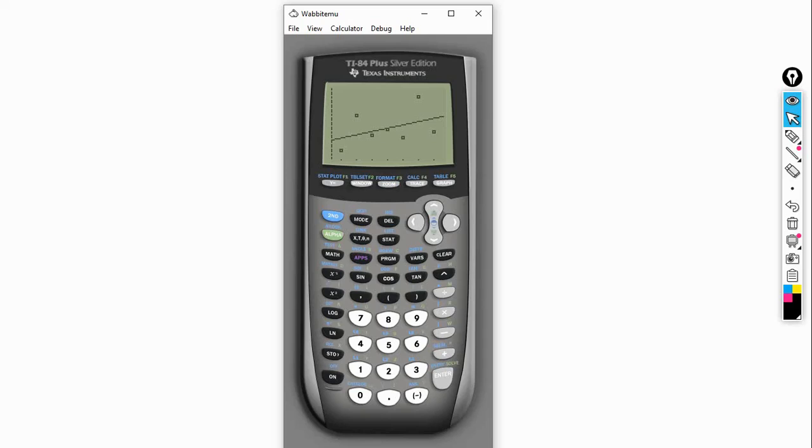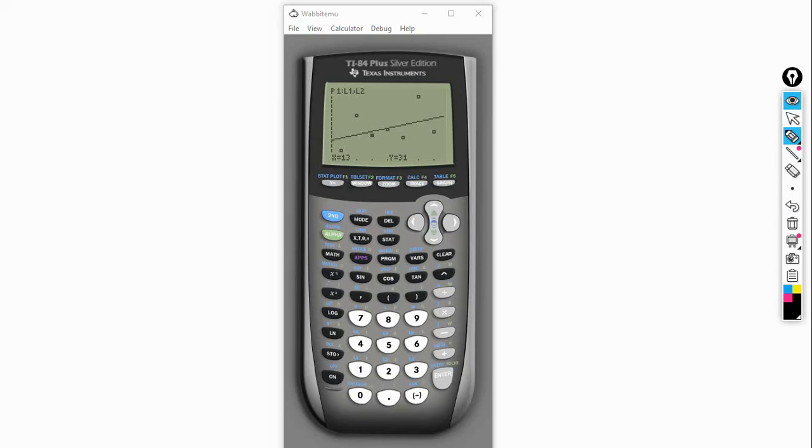Now, let's use trace and notice that the scatter plot represents the points from the table. So 11.21 and then 12.43, 13.31, and so forth. So next what we're going to do is find all the distances.